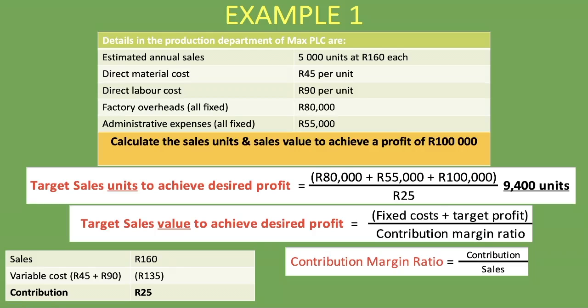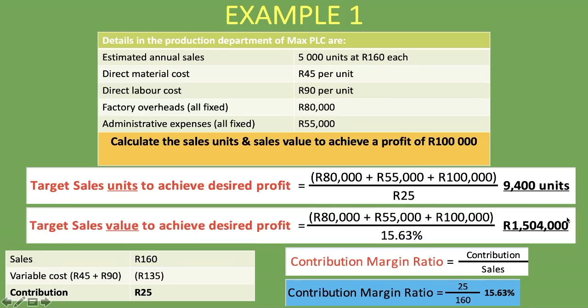So we'll take the contribution of 25 Rand and we divide that by the sales of 160 Rand. And it gives you 15.63%. And once we have that, we can get our sales value to achieve desired profit. So we take our fixed costs plus the target profit and we divide that by the contribution margin ratio of 15.63%, and it gives us an answer of 1,504,000 Rand.